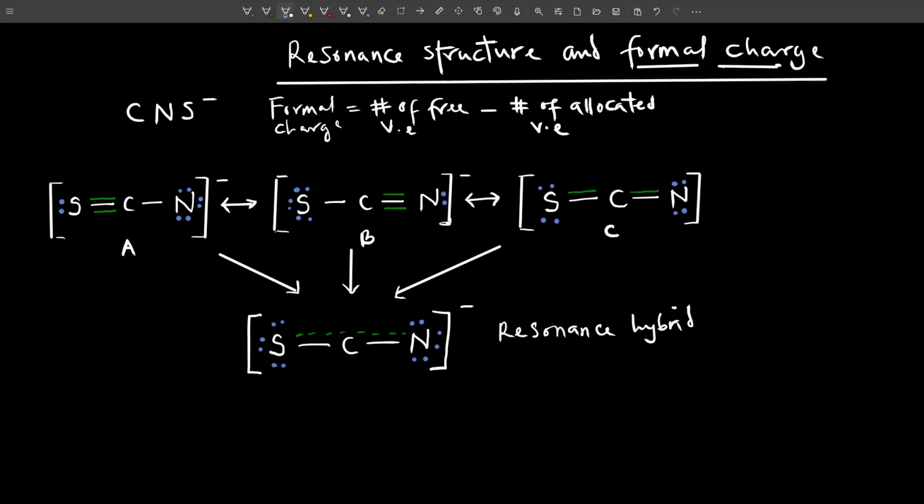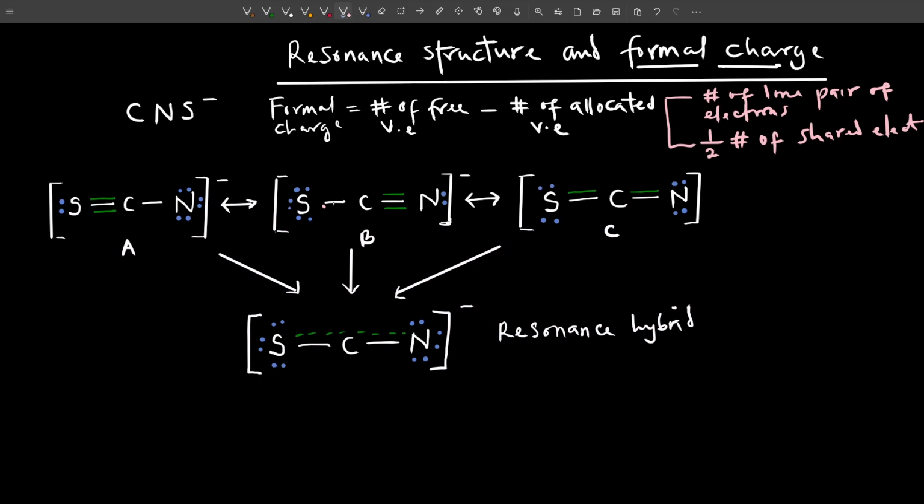The number of allocated valence electrons is defined by two things: the number of lone pairs of electrons around that particular atom plus half the number of shared electrons.